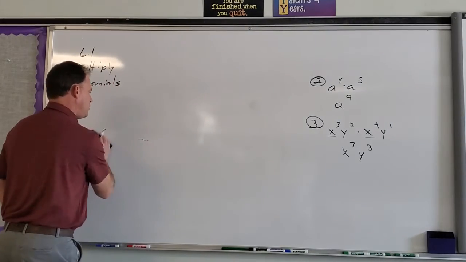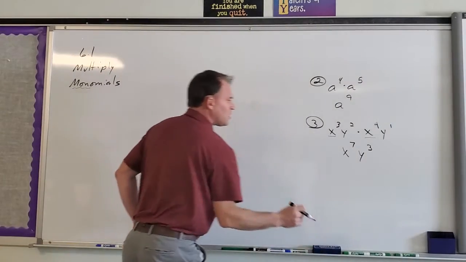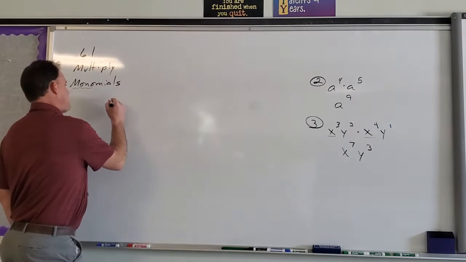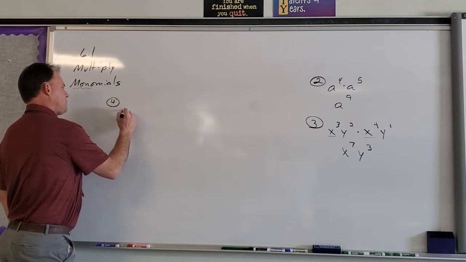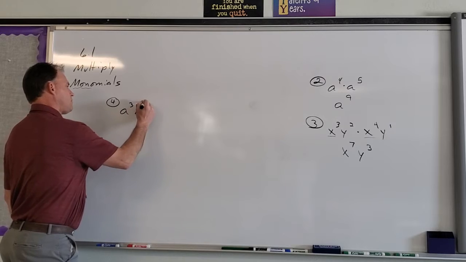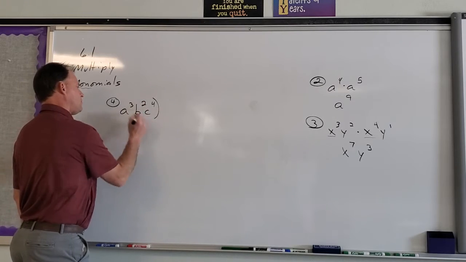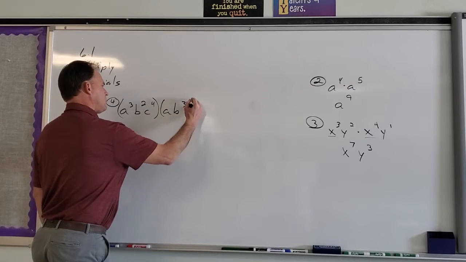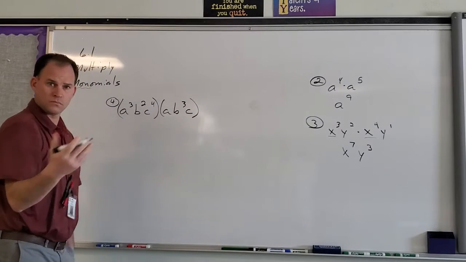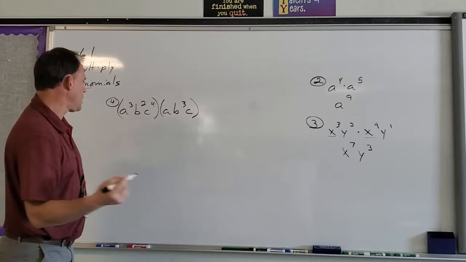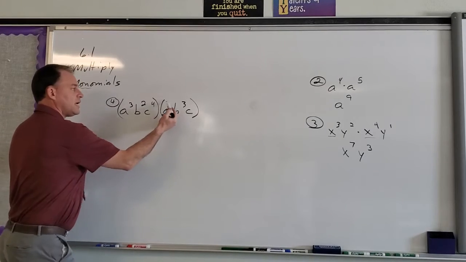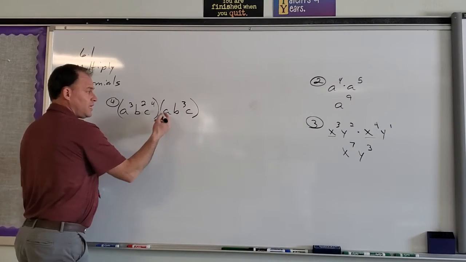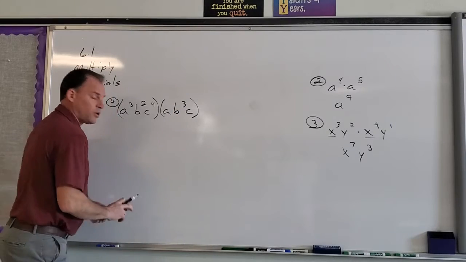So let's look at a couple more. Do this one on your own. So, again, if I don't see anything, you got to remember, each one of these has its own exponent.